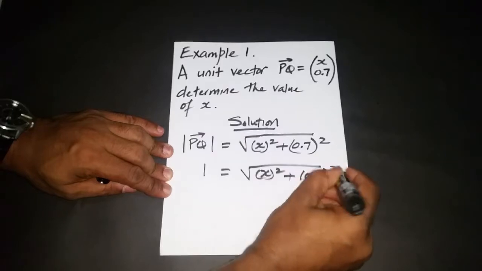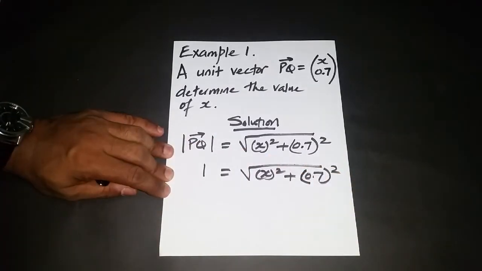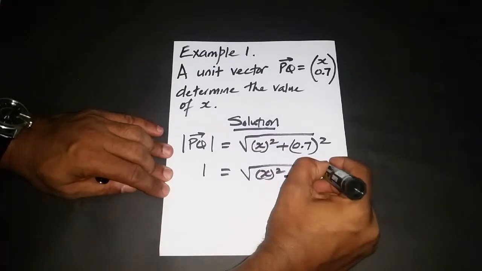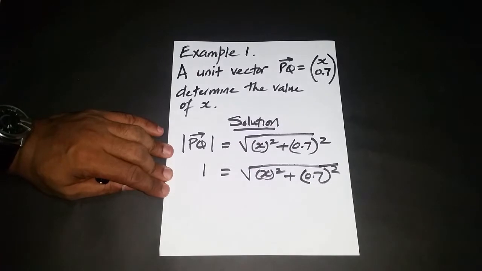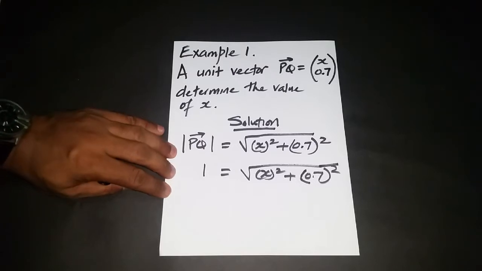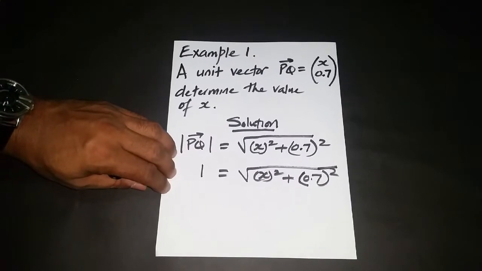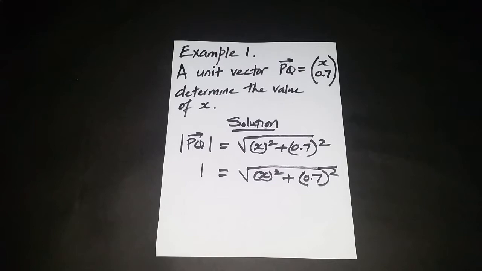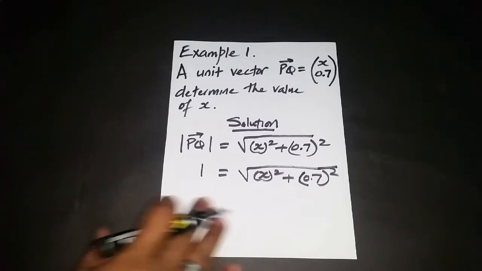Now, all we need to do is make x the subject and solve for x. So how do we proceed from here? The first thing is to get rid of the square root symbol, and if I square both sides of the equation, I'm going to end up with the removal of the square root symbol. What do I mean?